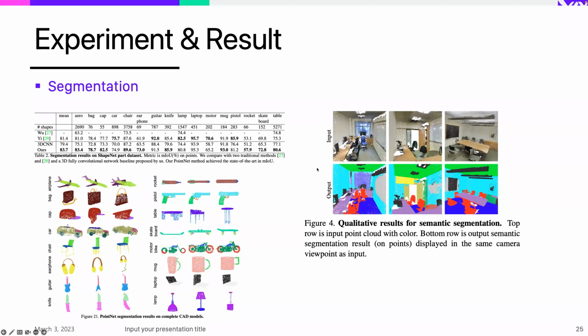So it can divide the scene into meaningful objects. Yeah, meaningful objects. So this is a desk, this is a chair, this is a wall, this is a floor. Okay.